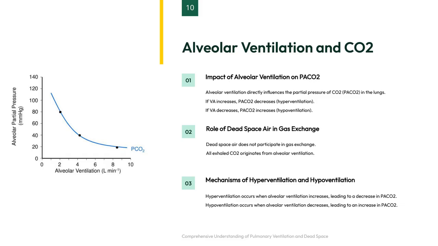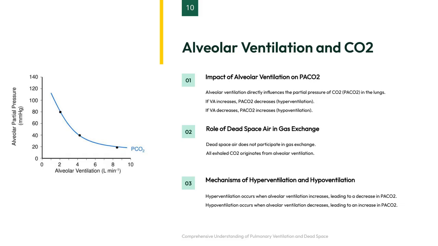All the CO2 that we exhale actually comes from alveolar ventilation, the part of ventilation that reaches the alveoli where gas exchange occurs. This relationship between alveolar ventilation and PaCO2 is crucial because it highlights how tightly linked our breathing rate and depth are to the regulation of CO2 in our body.